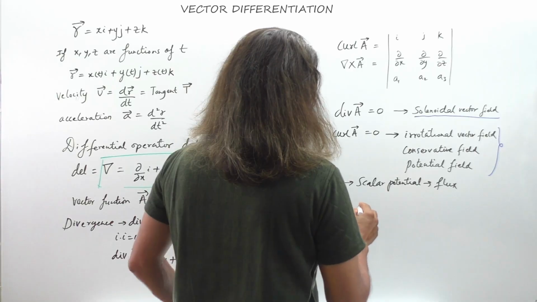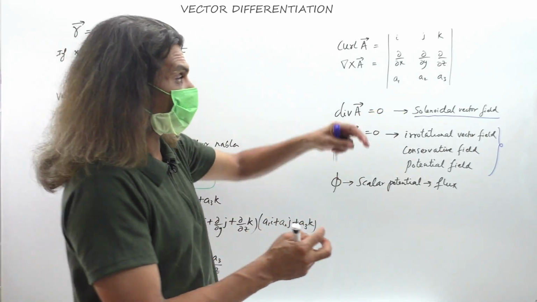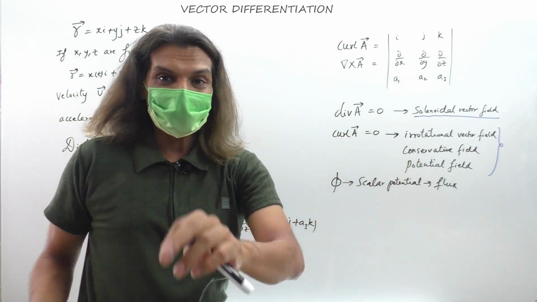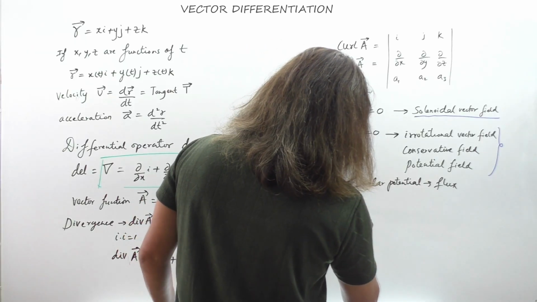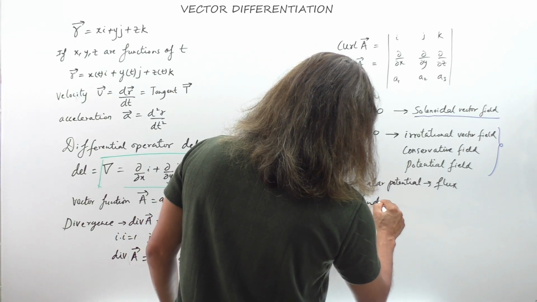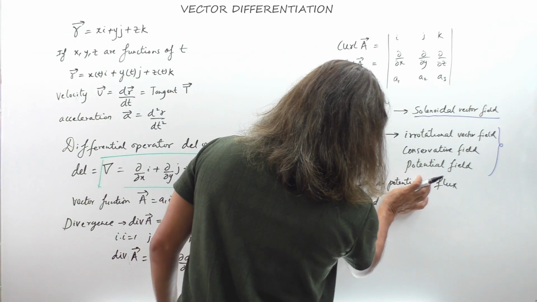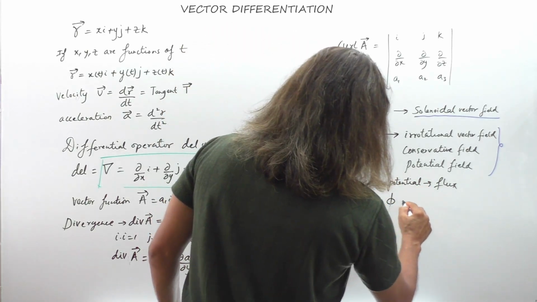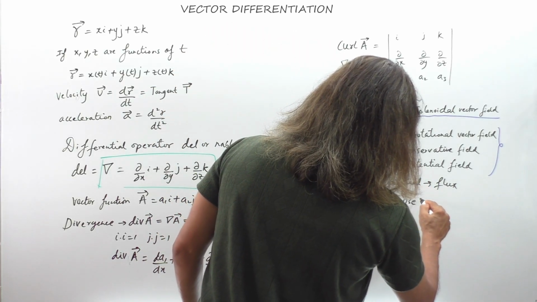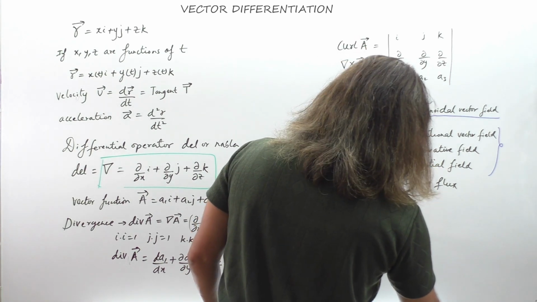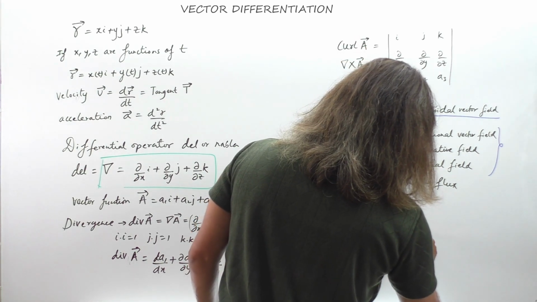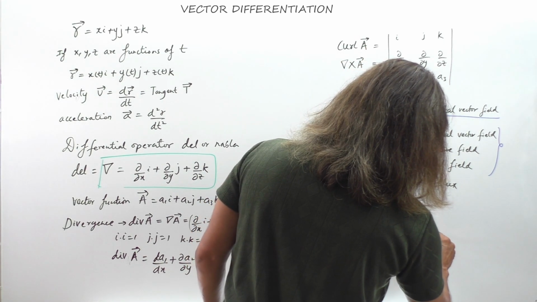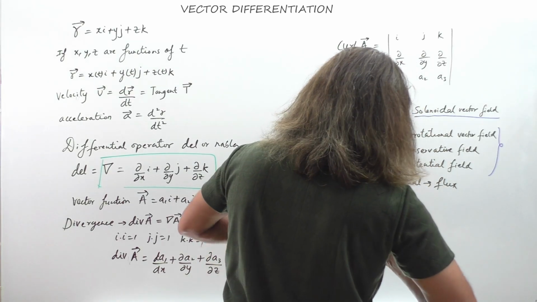Now this scalar potential phi can be found from this. That's why the question comes together for 6 to 7 marks. Now to find the scalar potential phi, use the very important formula: del phi equal to the F vector.